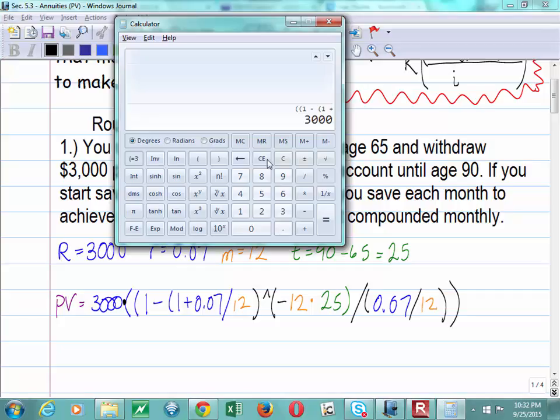Alright, start over. 3,000 times 1 minus 1 plus 2 to the power of, okay, that'll work. Yeah.